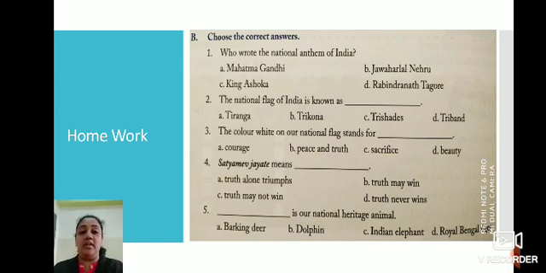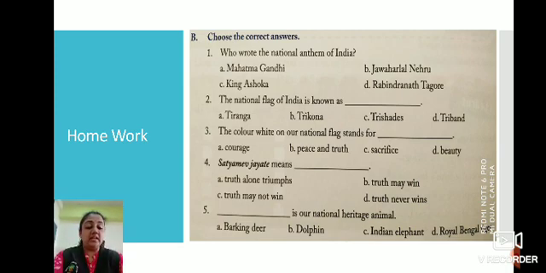Understood, children? So in this way we have seen the first lesson of SST, that is our national symbols. In this chapter we saw that a national symbol represents our country. Our national flag is known as Tiranga.